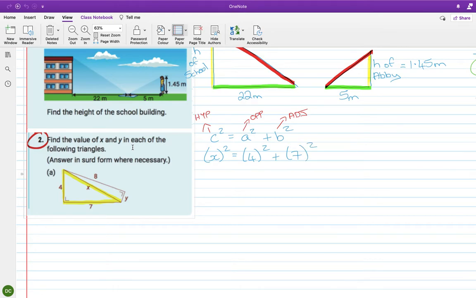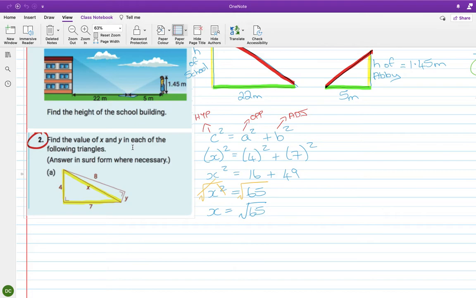Remember to square everything. So I have 16 plus 49, which is 65. And then I'm going to take the square root to cancel out the square and isolate the x. And the square root of 65 in surd form is the square root of 65.